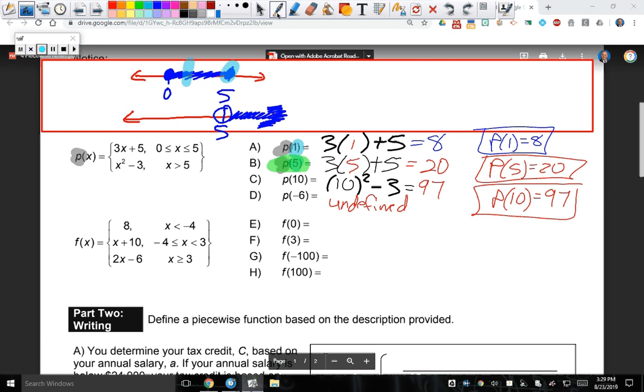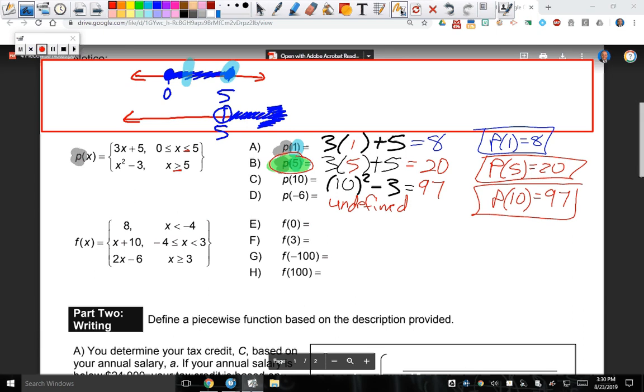But what he's asking is this: will we ever be asked to solve for something that looks like P of 5 if we have an equals to here and an equals to there? We will not, because you don't know where to go. And it would fail the vertical line test because you have 2 y values and the same x. I hope you're starting to put all this together, okay?